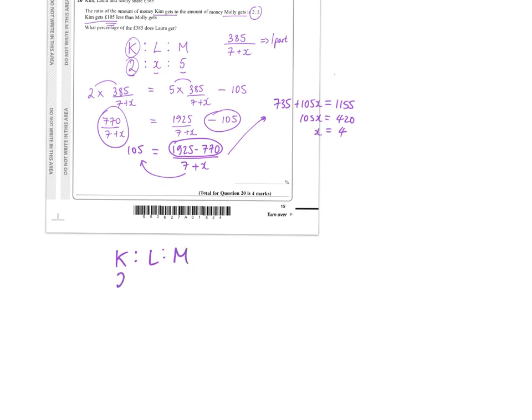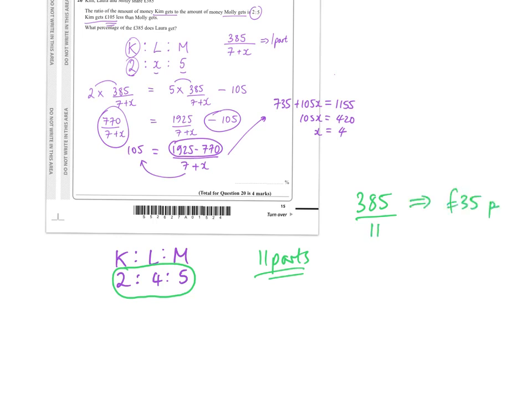So what they did next was to say that the ratio for Laura's part was 4. So they knew then that there were 2 and 4, which is 6, and 5. There were 11 parts altogether. So on the calculator they did 385 divided by 11, and that gave £35 per part.